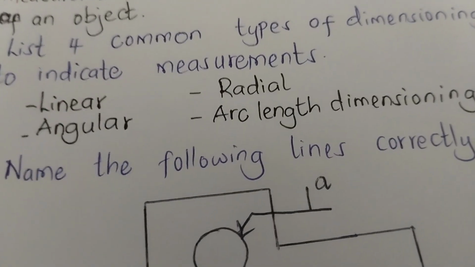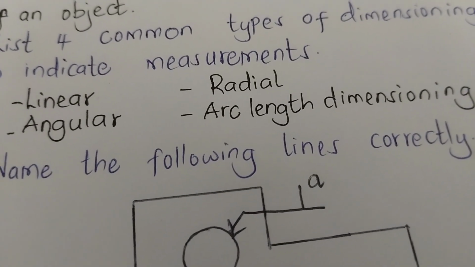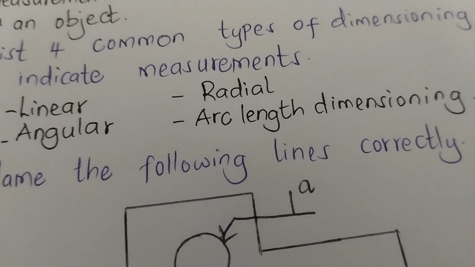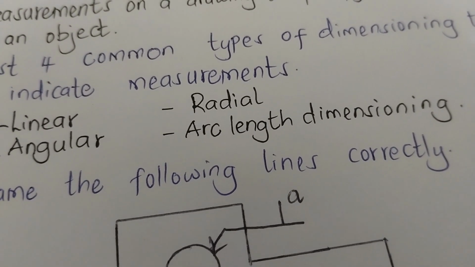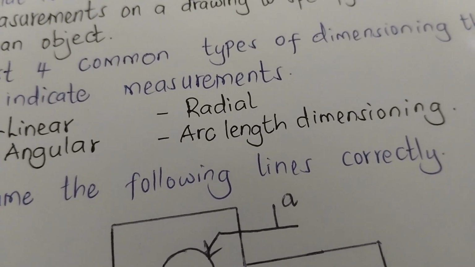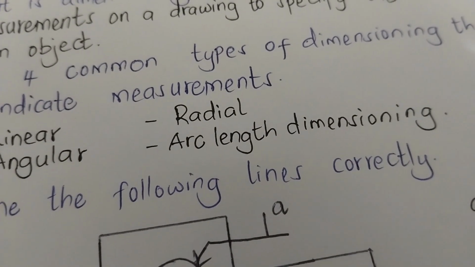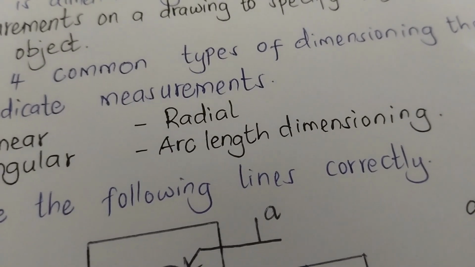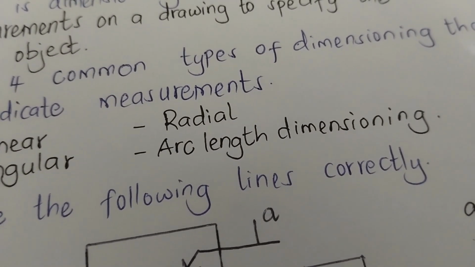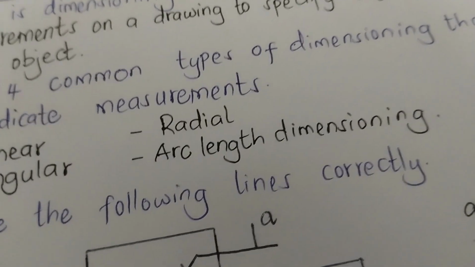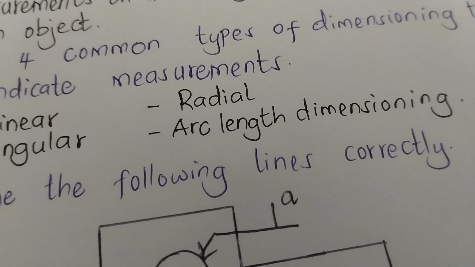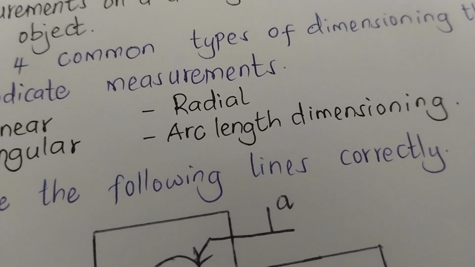Angular dimensioning specifies the angle formed between 2 lines or surfaces in a drawing. So angular is from the word angle, so that is why it is specifying the angle formed between 2 lines or surfaces in a drawing. Then we have radial dimensioning from the word radius.